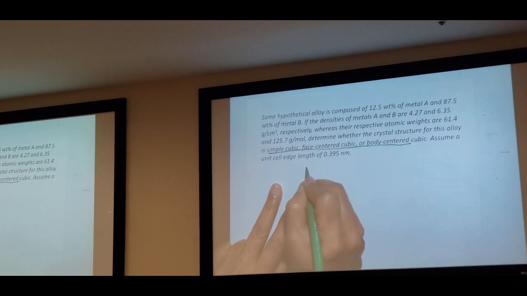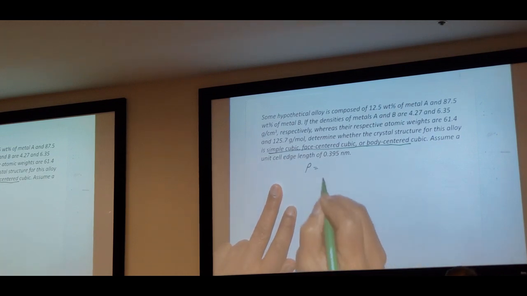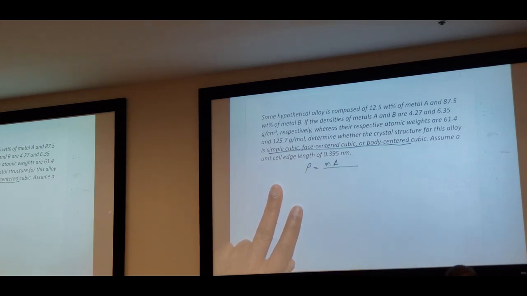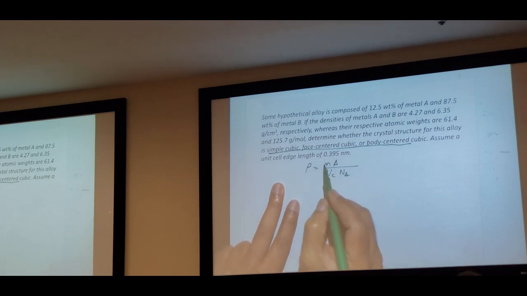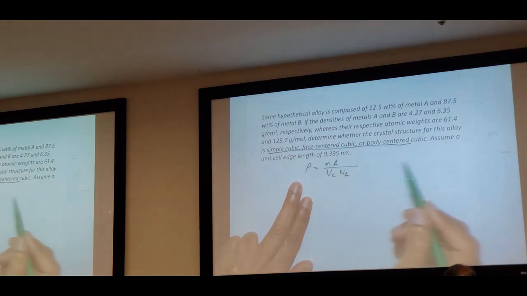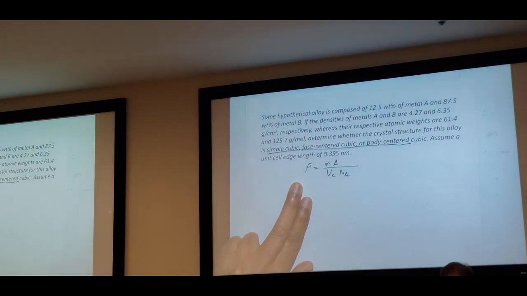You remember the equation to determine the density: rho is equal to n times A over the volume times Avogadro's number. So if you determine n from here, you should be able to tell whether it is simple cubic, face-centered cubic or body-centered cubic, right? If n is equal to 1, simple cubic; n is equal to 2, it is body-centered cubic structure; and n is equal to 4, it is a face-centered cubic structure.